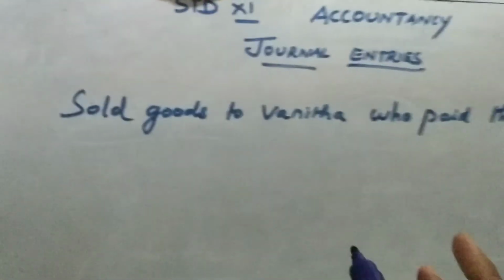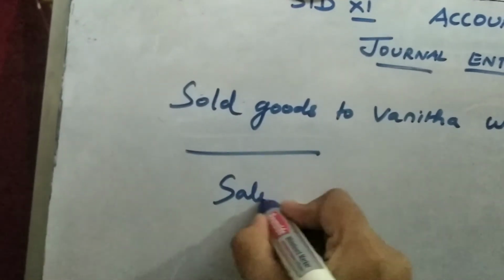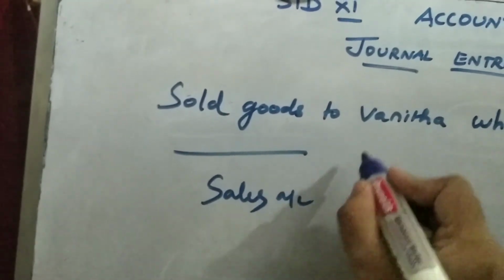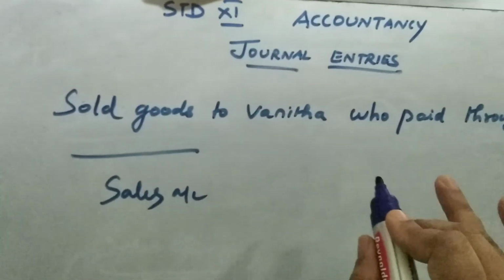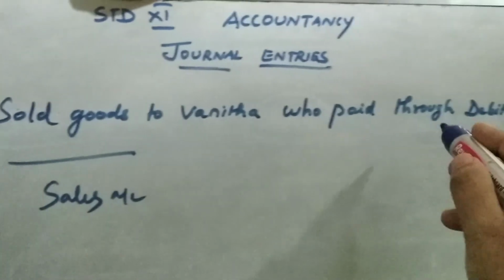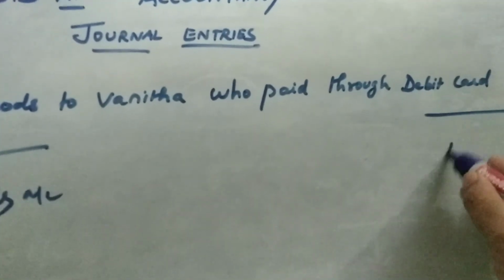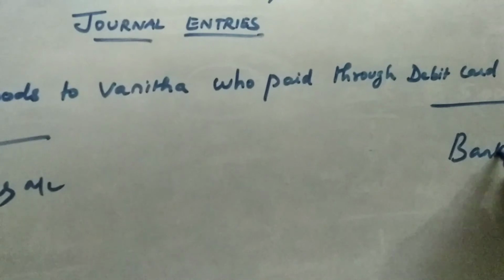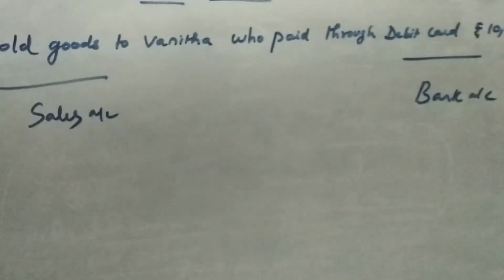Now what are those two accounts involved here? One is sales, goods are sold. Now ignore Vanitha. It is not a credit transaction. She has made the payment immediately using her debit card. So what is involved here? Bank. So these are the two accounts involved.